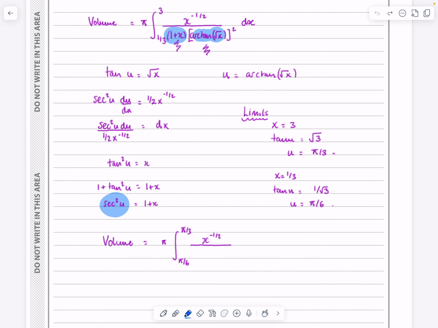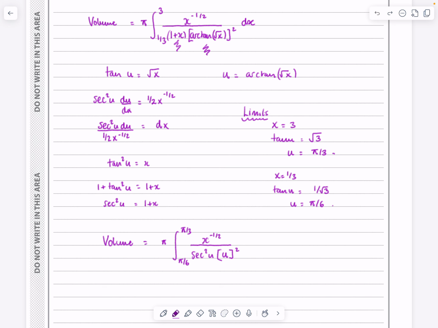So I'm just going to do those two bits first of all and leave everything else as it is. So 1 plus x is going to be sec squared u, and arctan root x is u squared. And then I'm going to replace my dx with all of that.